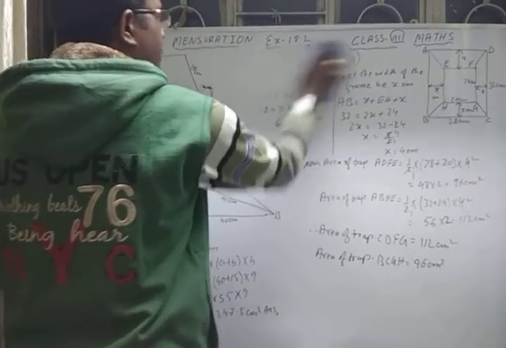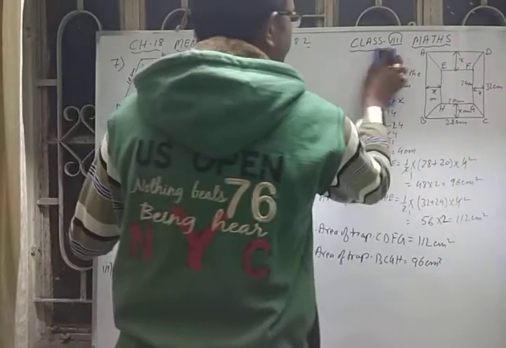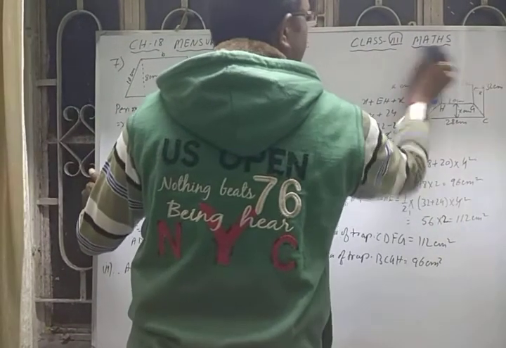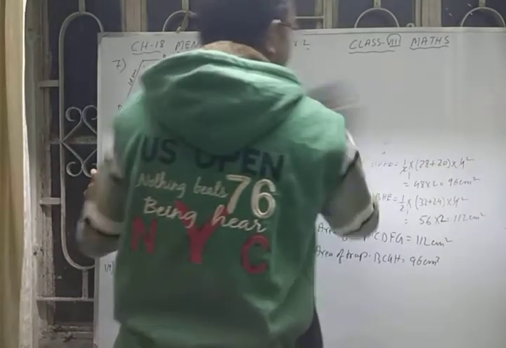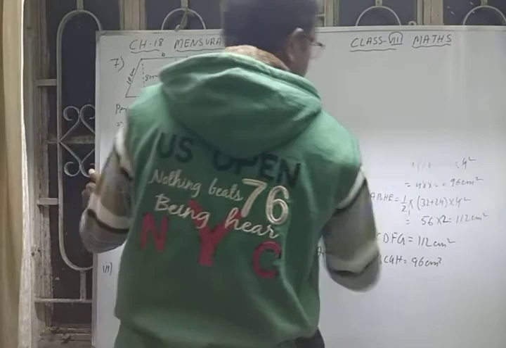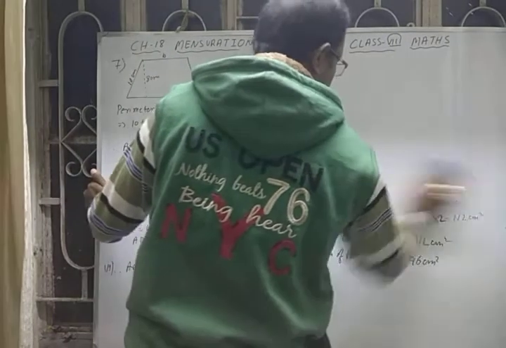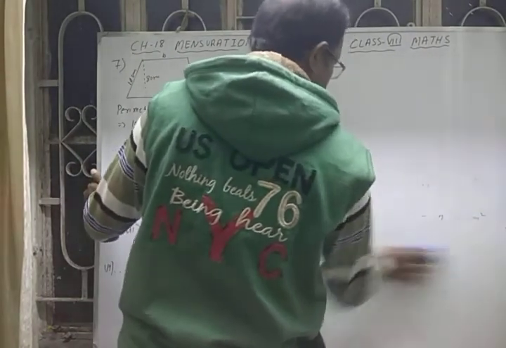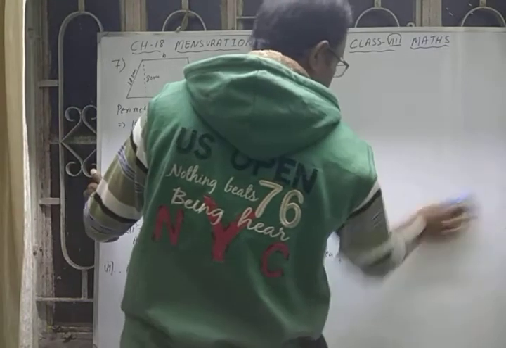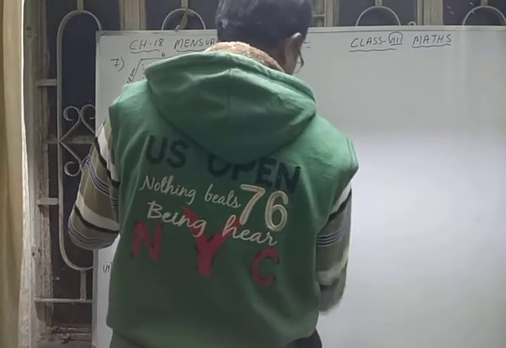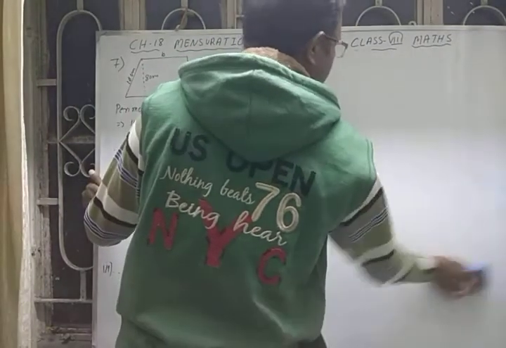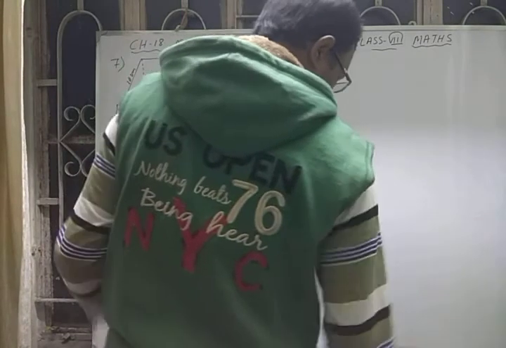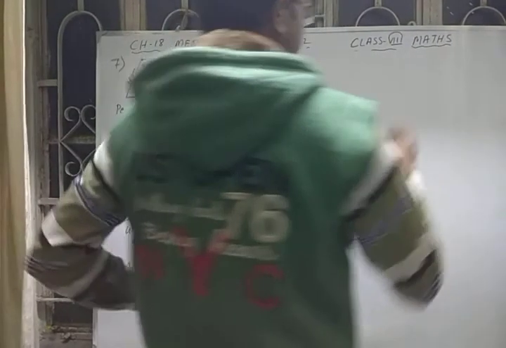For that I have to erase the board. I think this question I can solve with this space only. So first of all, I will draw the figure on this board.